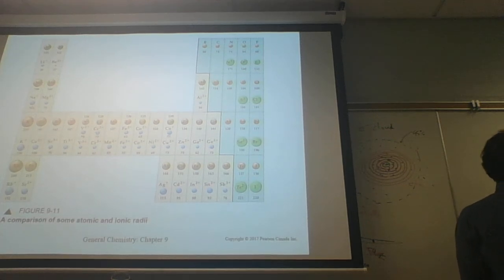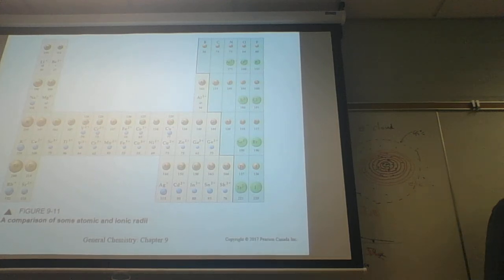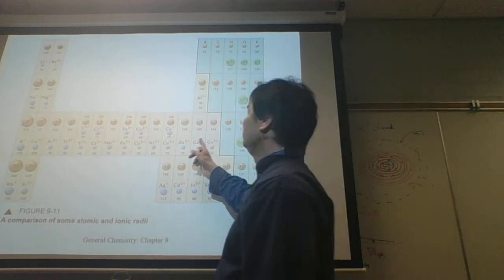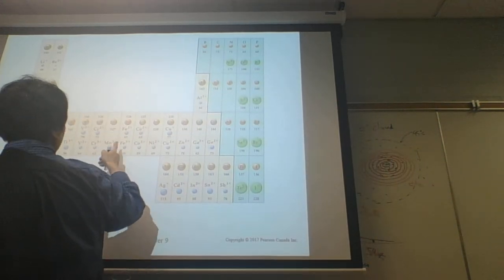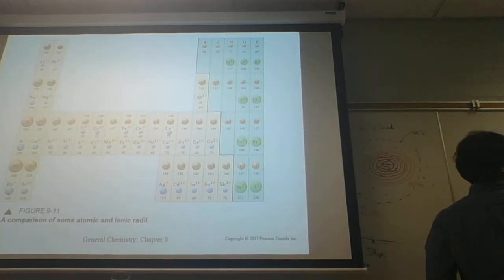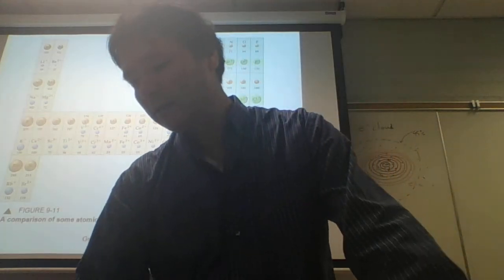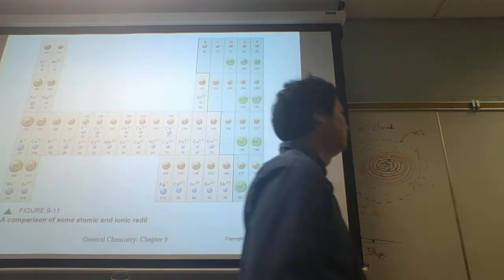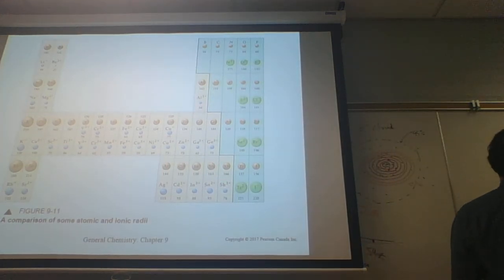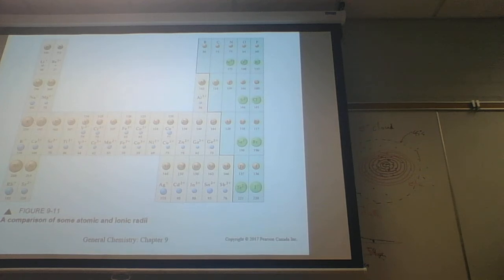If I look at iron, iron is argon 4s2 3d6. Now I go to cobalt. Cobalt is one more proton, but it also has one more electron. And so it's going to be 3d7, 4s2.